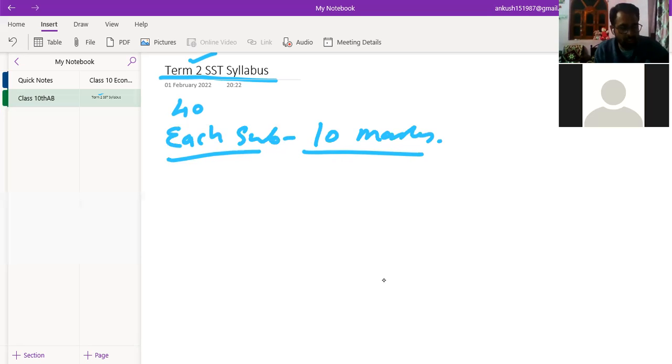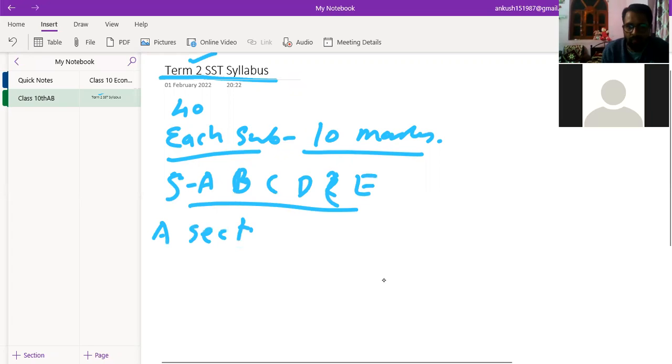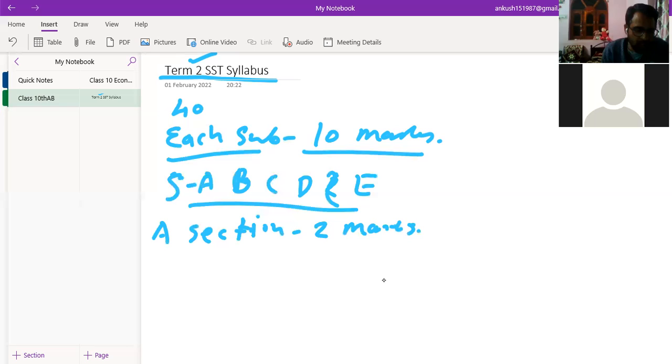Okay, so in this there are in total 5 sections: A, B, C, D, and E. In section A, there would be 2 marks questions.